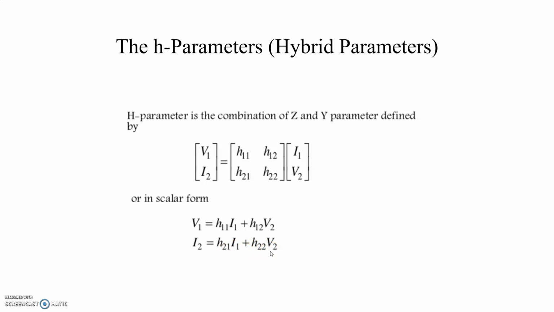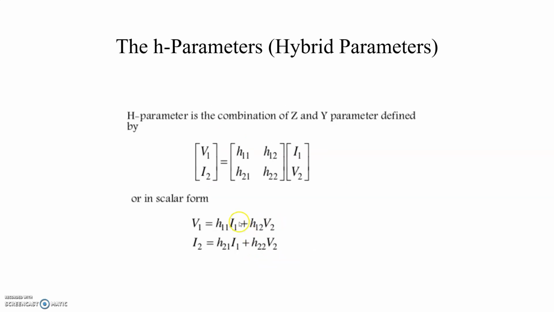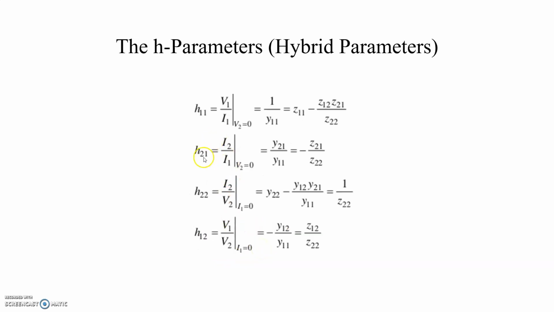Here V1 and I2 are dependent parameters, and I1 and V2 are independent parameters. Next put V2 equal to 0 to find H11 and H21, and similarly put I1 equal to 0 to find H12 and H22. These are the hybrid parameters or H parameters.